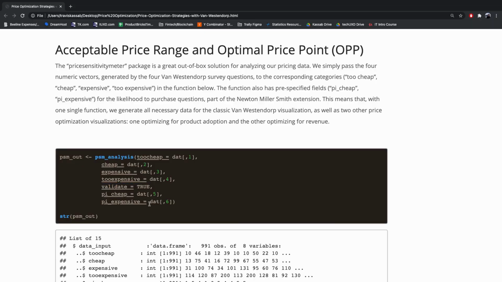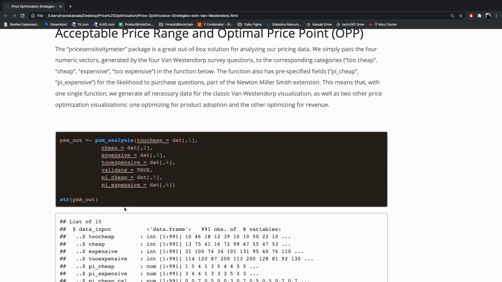This is telling this PSM analysis function to discard any respondents who did not meet the PSM condition that I was telling you about above: Q1 has to be less than Q2, which has to be less than Q3, which has to be less than Q4.